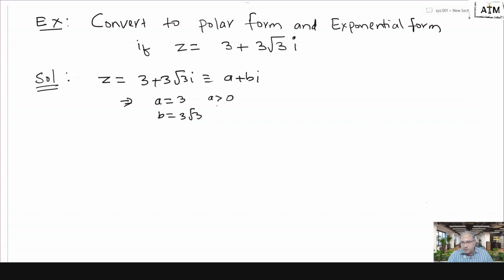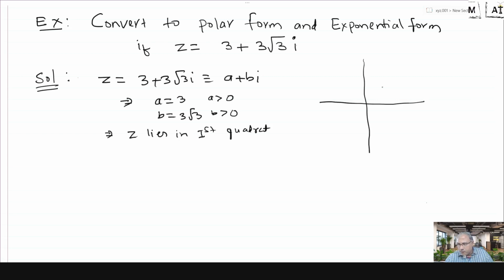A is greater than 0, b is greater than 0, which implies z lies in the first quadrant. So we can draw a rough diagram in the Argand plane. This is the given complex number, and the point is (3, 3 root 3).